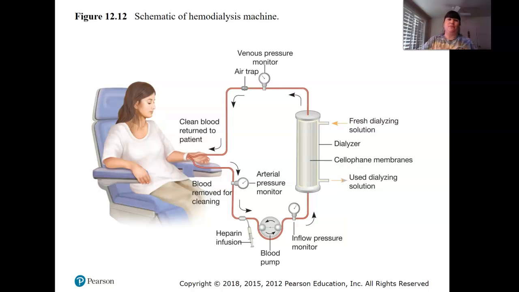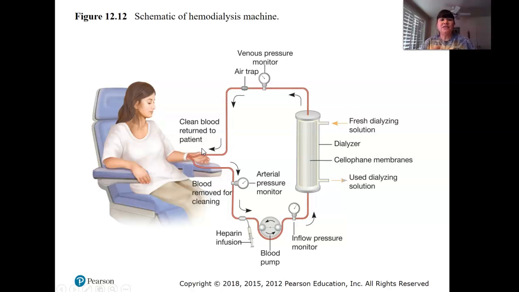So what are they doing? They're taking the blood out from the person, putting it through a filter, cleaning the blood, and then putting it back in. Clean blood returned to the patient. Wow.